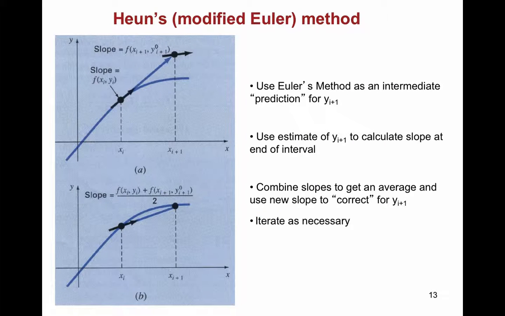Now, the next method, all of the other methods are figuring out that slope, f of xi, yi, that I took. They're basically improving that. So in this case, one idea to improve is to take the slope at this point here, and then the slope at this point here, and average them.